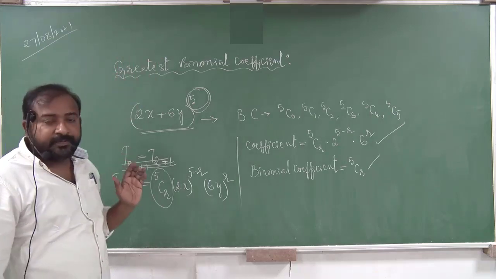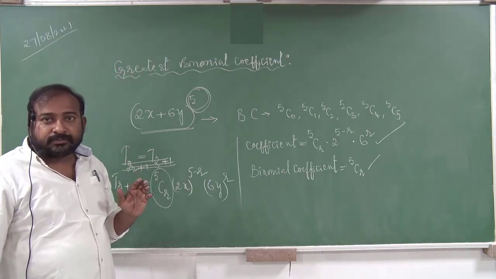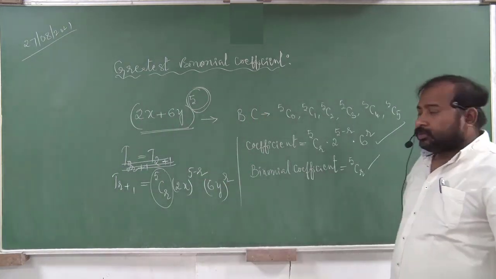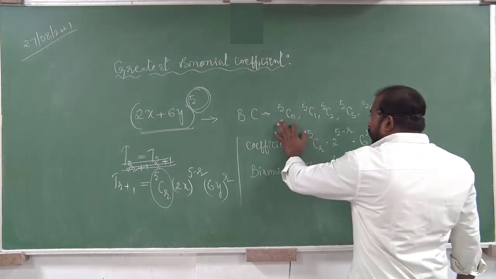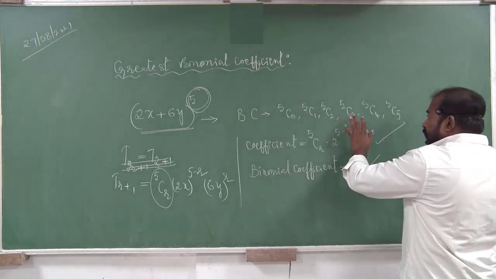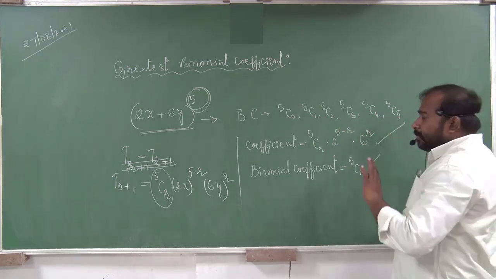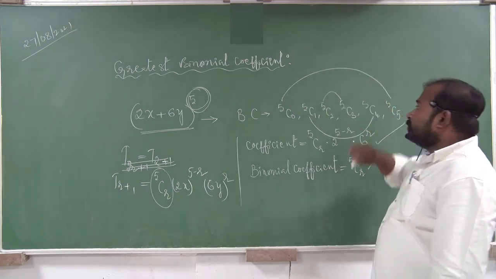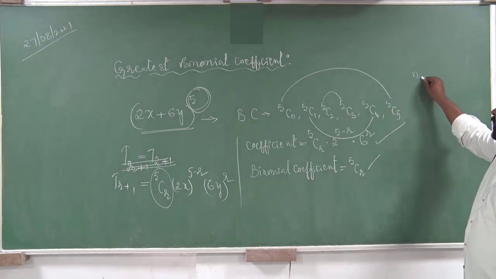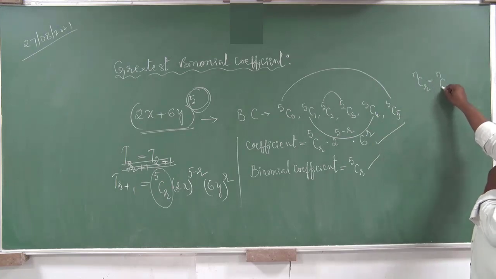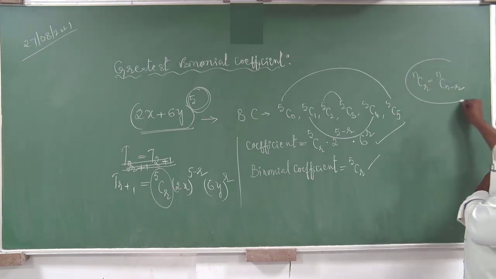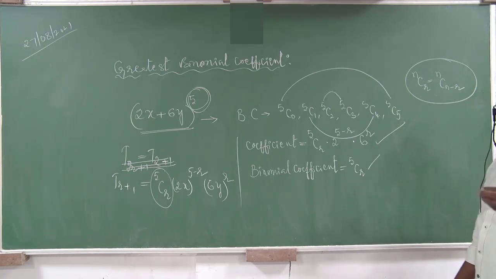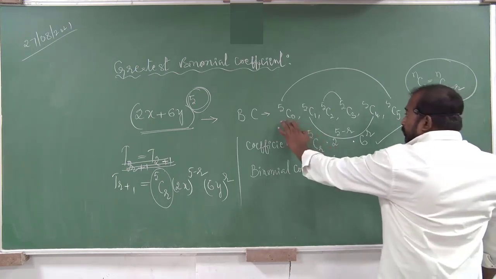Now, greatest binomial coefficients. For example, if the power is 5, the binomial coefficients are 5C0, 5C1, 5C2, 5C3, 5C4, 5C5, and the symmetric pairs will be equal. According to the formula nCr is equal to nC(n minus r), already given, these pairs are equal.